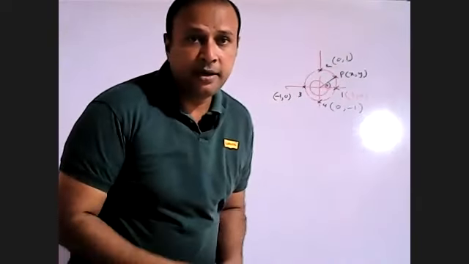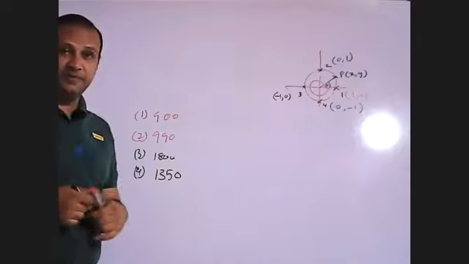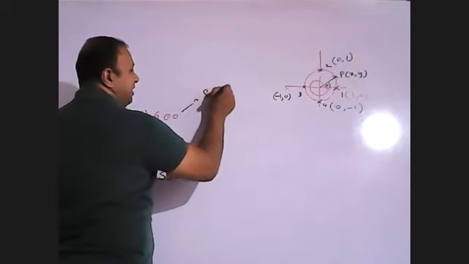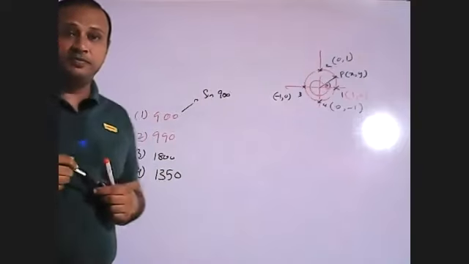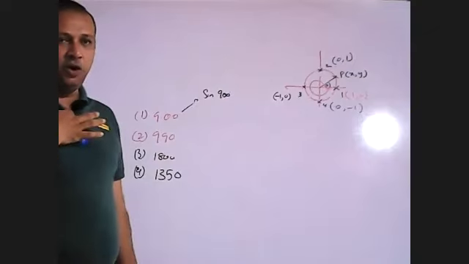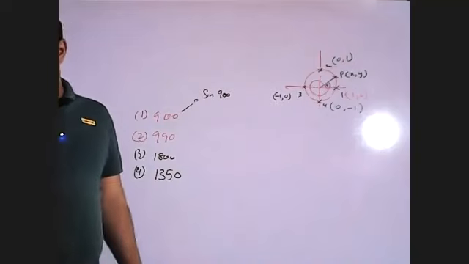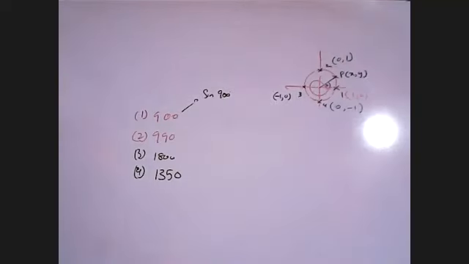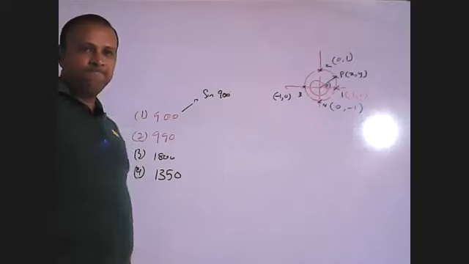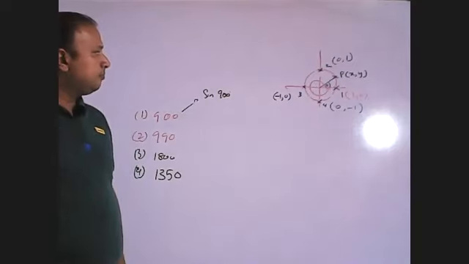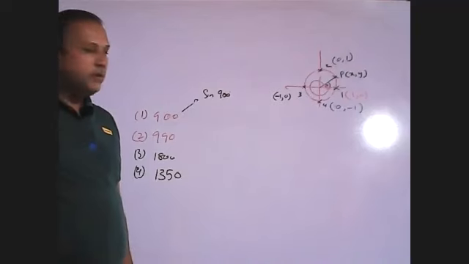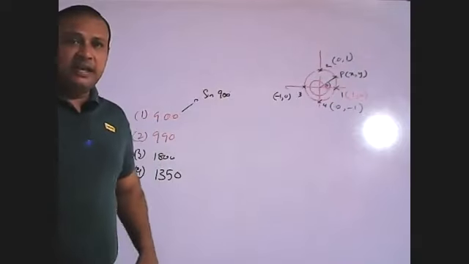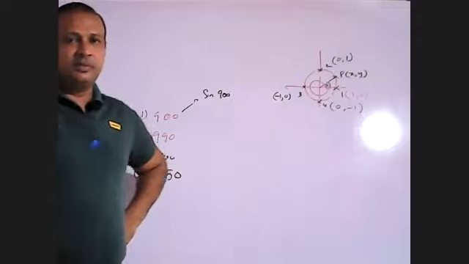Question number 1. 900 degrees. Tell me, sine 900 degrees, what is the value? 0.